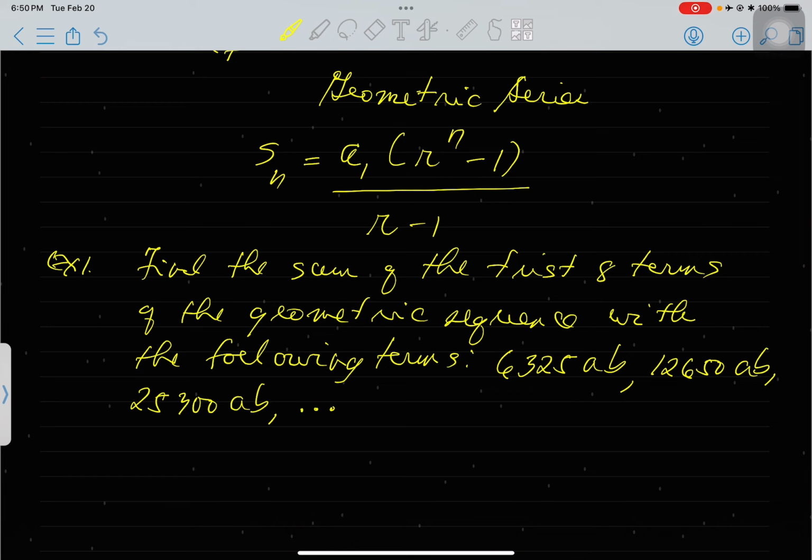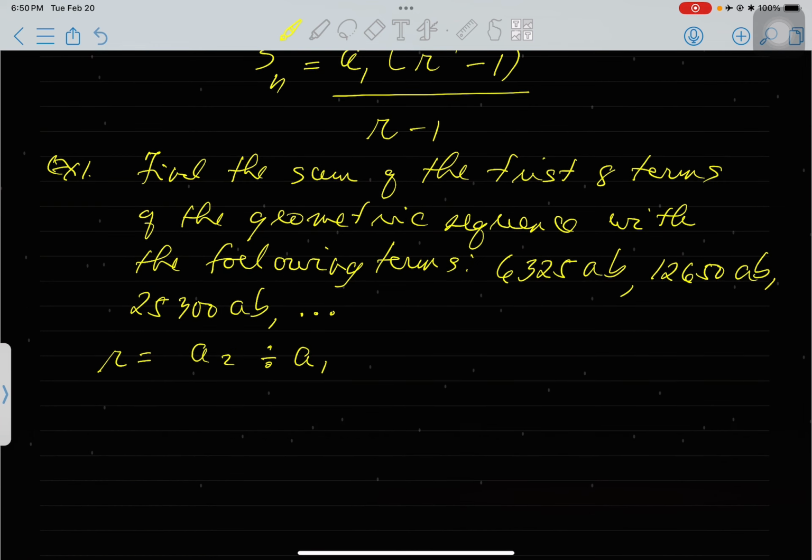Again, the first procedure that must be done is finding out the value of our constant ratio. We have R is equal to, following the formula, A sub 2 divided by A sub 1. Our first term here is 6,325 AB, and our second term here is 12,650 AB. So we will divide these two expressions. We have now R is equal to 12,650 AB divided by 6,325 AB.